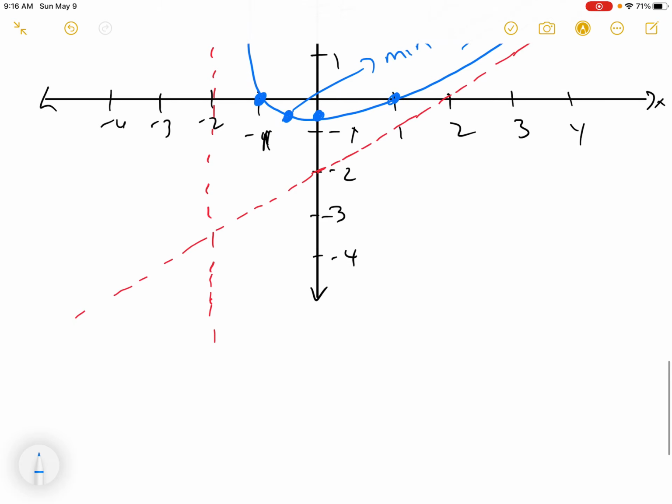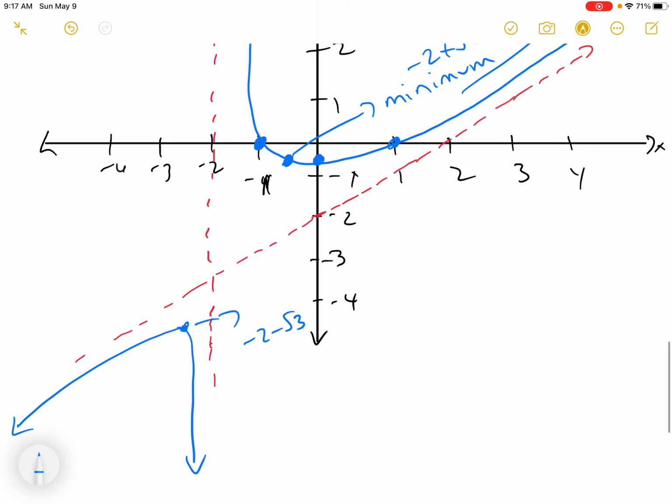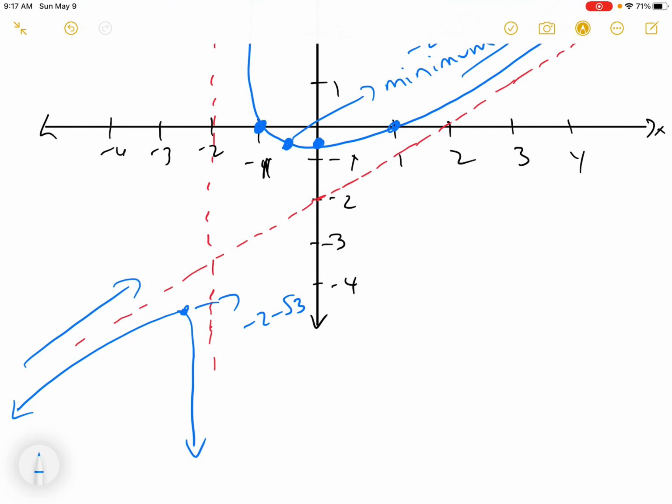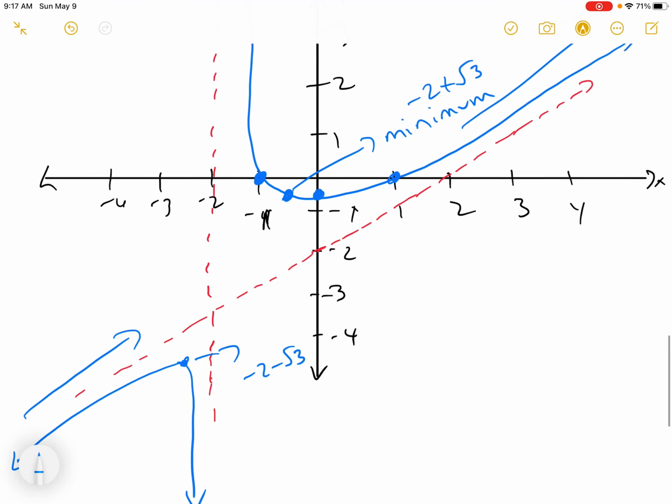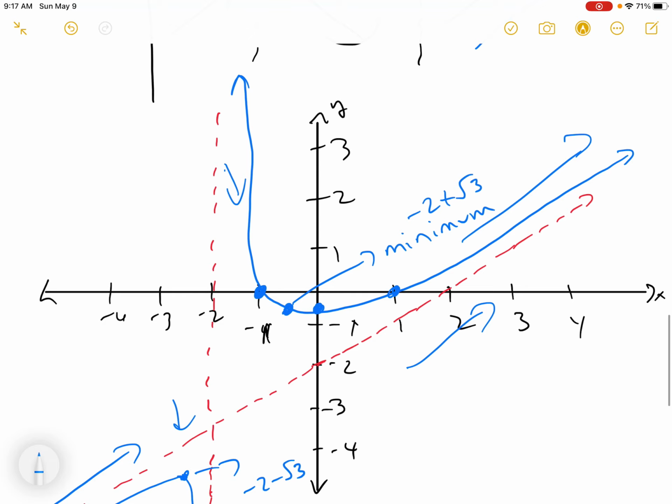And on the flip of that, we have this guy here, and this is where the max is at minus 2 minus root 3. And so sure enough, the function is increasing along here, decreasing along here and here, and then increasing along there. So perfect.